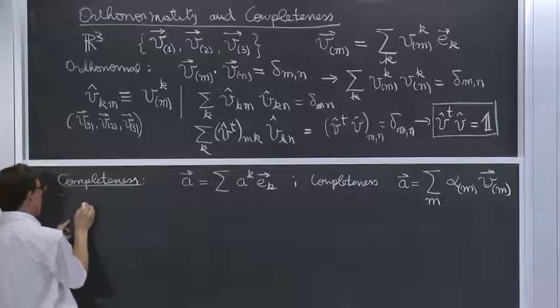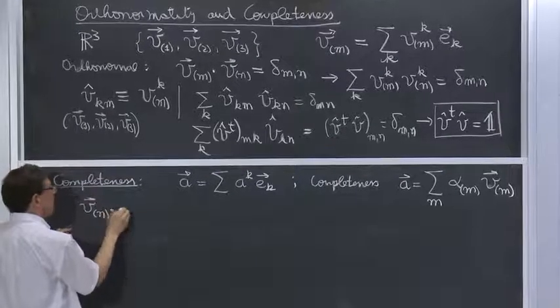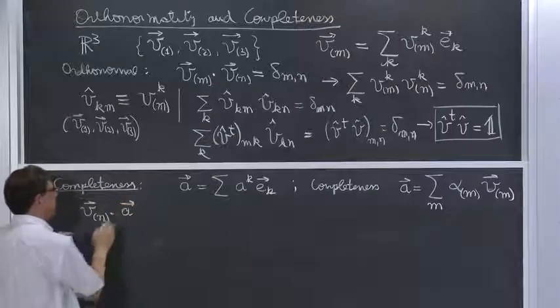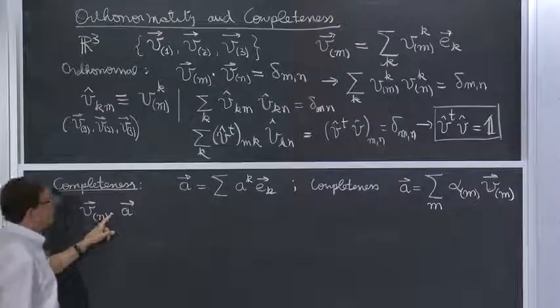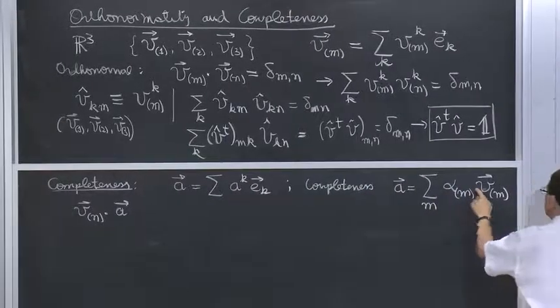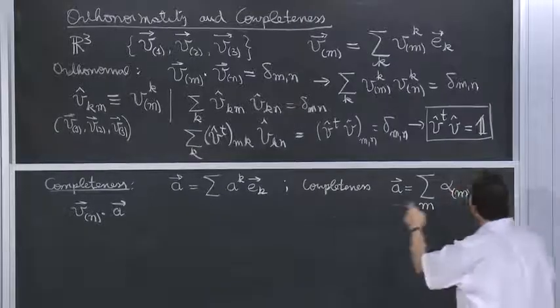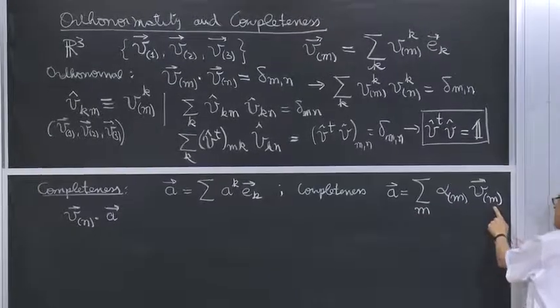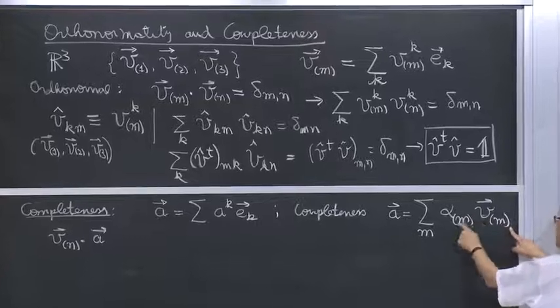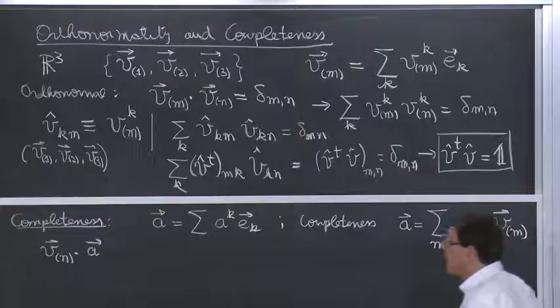So what we do is multiply the vector Vn dotted with A, and we do it on the right-hand side as well. When we go to the right-hand side, we have the dot product of Vn with Vm, which is a Kronecker delta, and therefore the right-hand side just becomes alpha n.